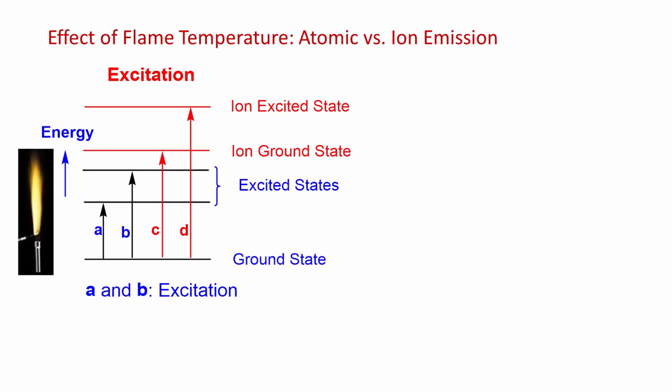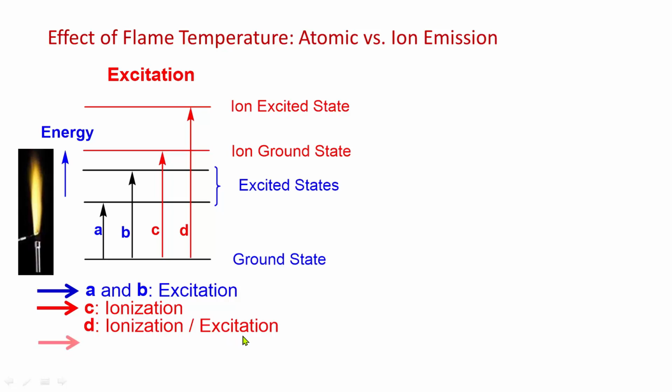We will see the effect of flame temperature, atomic versus ion emission. This is the ground state, these are excited states, this is the ion ground state, and this is the ion excited state. A and B are the excitation, whereas C and D correspond to ionization.